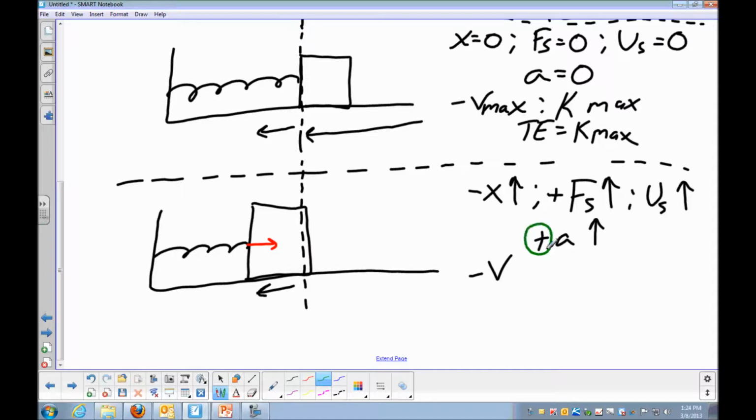Positive acceleration, negative velocity, opposite directions, means my velocity is going to be decreasing, which means my kinetic energy is going to be decreasing, which means my total energy is back to being kinetic and potential. Not quite done. Let's take it to my full compression point on the spring.